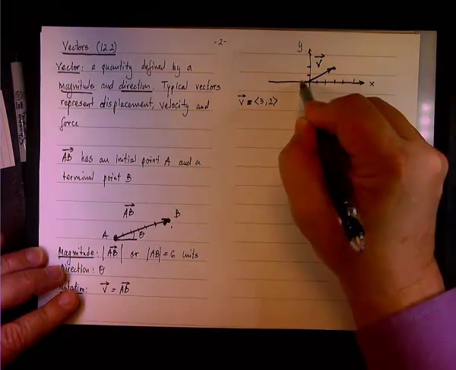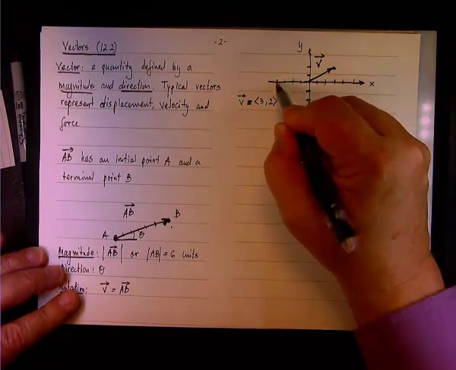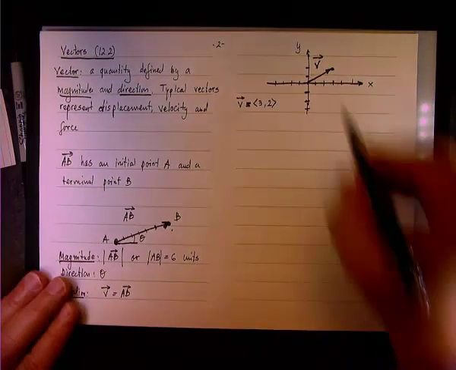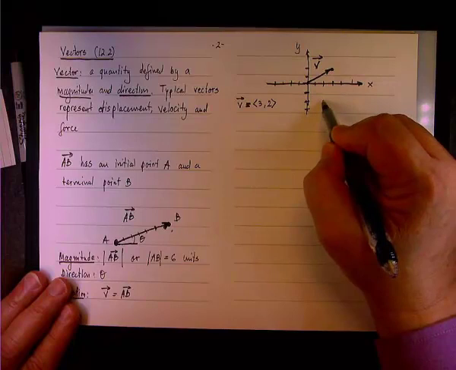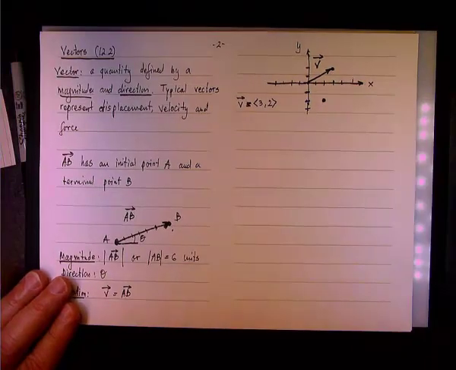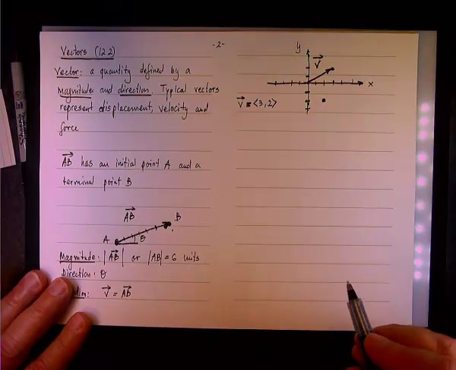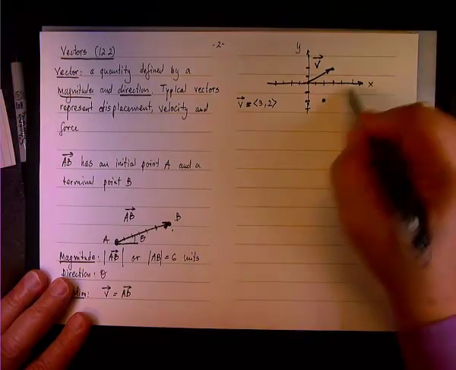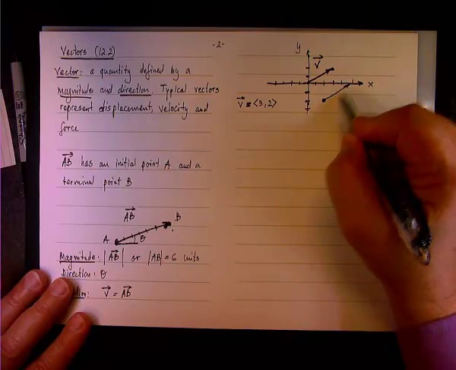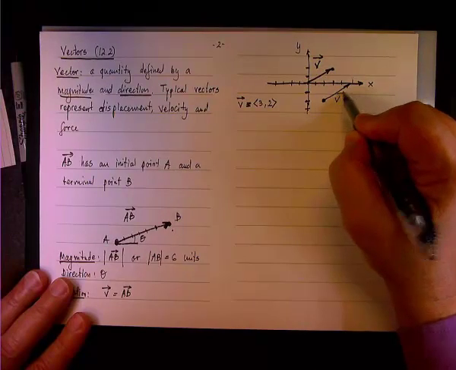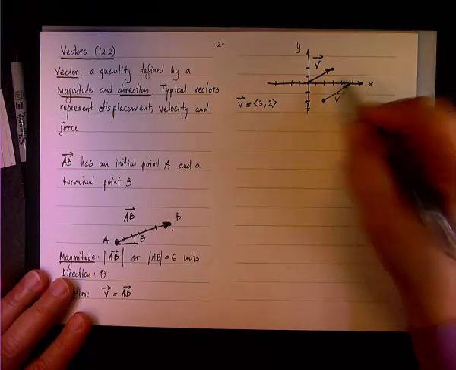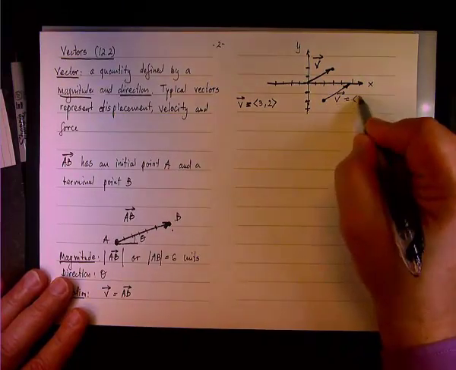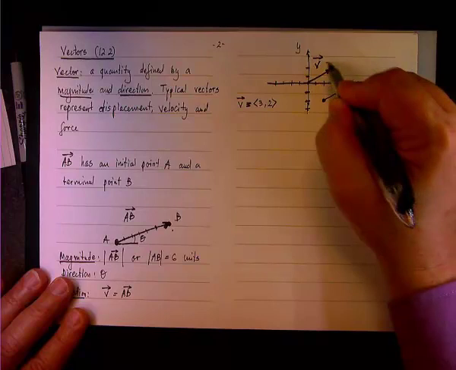Now, the thing is this. The same vector v can be moved and remain the same. And that's one of the properties of vectors. Vectors are independent of their corresponding initial points. So the vector that is denoted as 3, 2, I can put it right there where I have x equals negative 2 and y equals negative 2, and go 3 forward and 2 upward, and the same vector v will be placed right here.